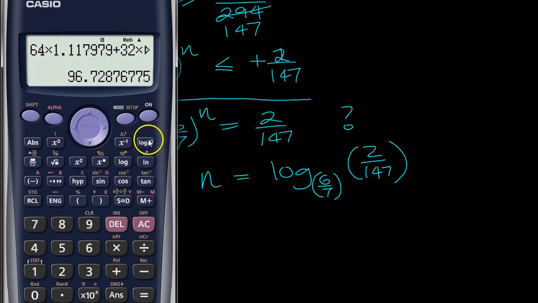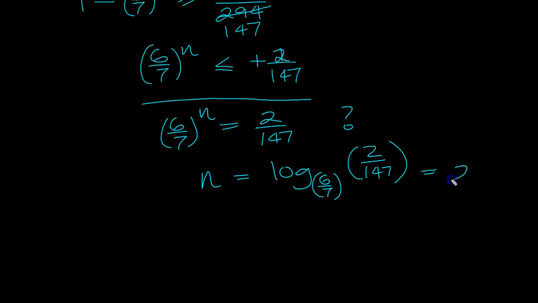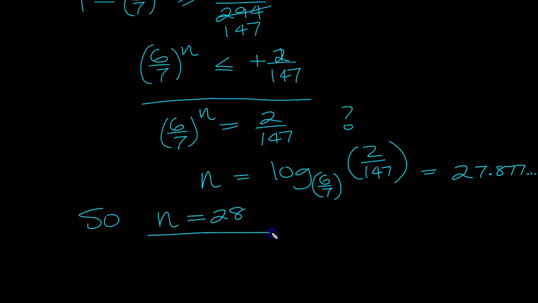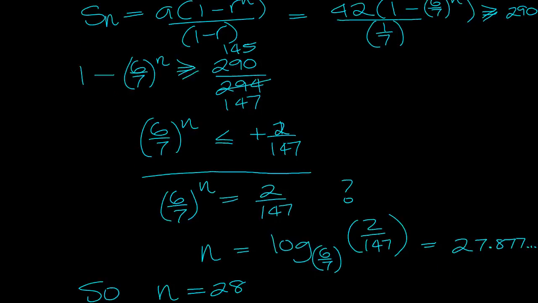So we got log of 6 divided by 7 of 2 divided by 147, 27.877. So the first term it exceeds would be when n is equal to 28. N is 28.